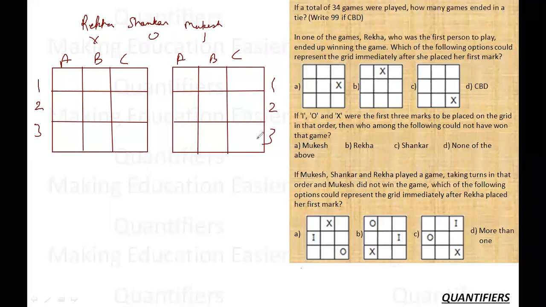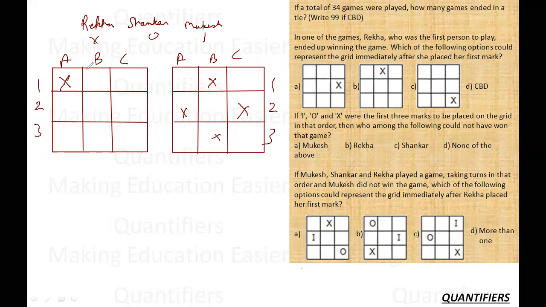Now simply think of it like this. If a person cannot mark on B2, then the possibility is that he starts from a corner square, whether it is this corner or this corner or this corner or this corner, or he can start with a non-corner square. So these are the two possibilities. Since the diagram is symmetric, it is a 3 into 3 matrix.